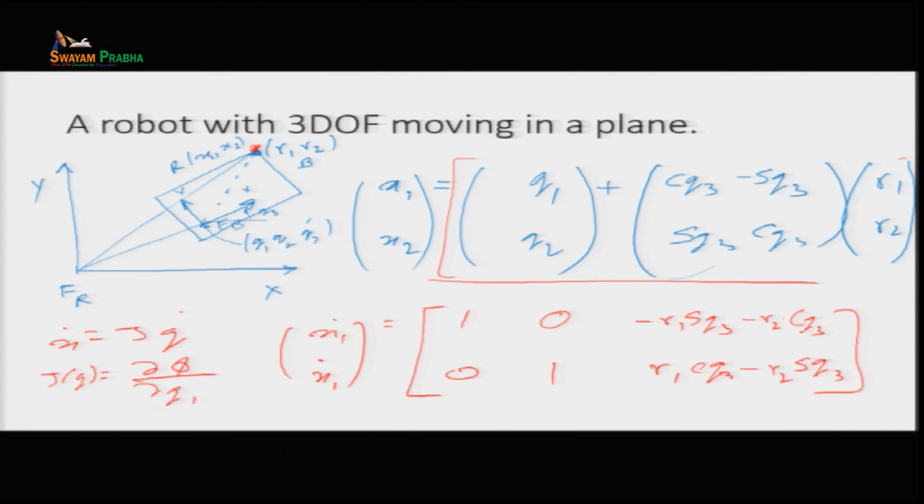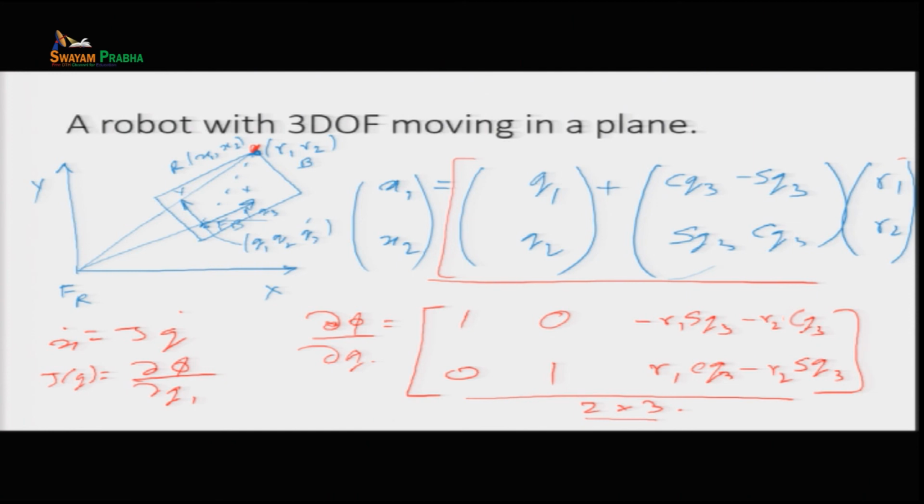Now, if I write it this way, what we find is that this matrix here is a 2 by 3 matrix. If I write this as d phi by dq, then this is a 2 by 3 matrix. What this basically means is that if you want to find the inverse mapping of this, it is going to become many to 1.